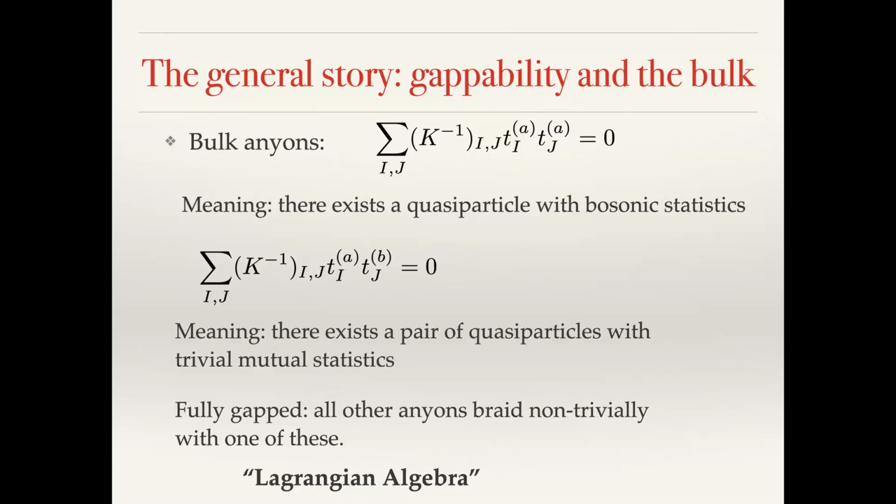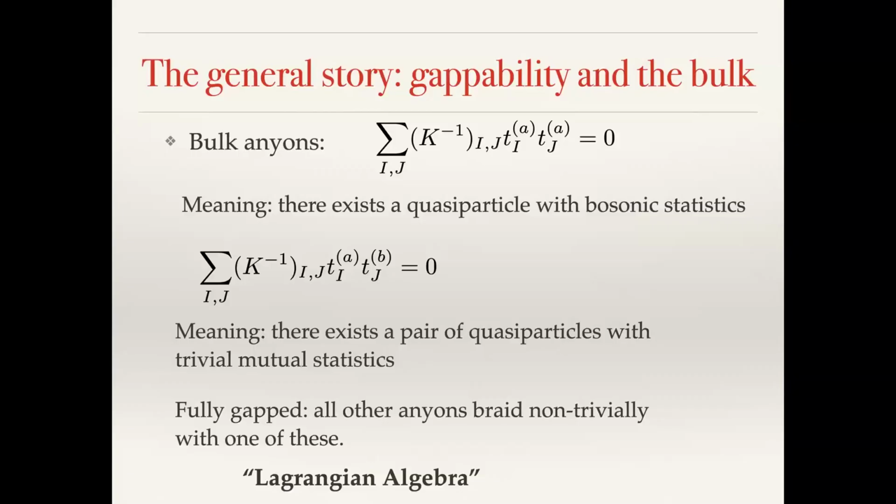The meaning is that there's some combination of these phi fields, some quasi-particle, which is not a trivial particle, but which is a boson. Here I said pair, but there could be more than two of them in this combination.